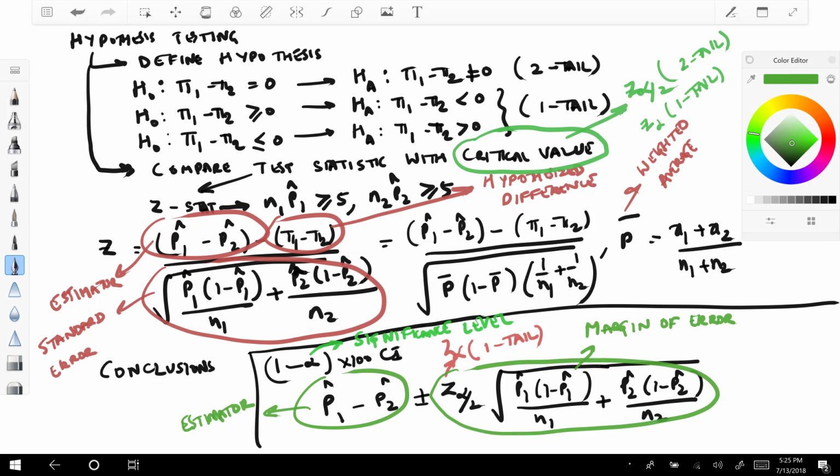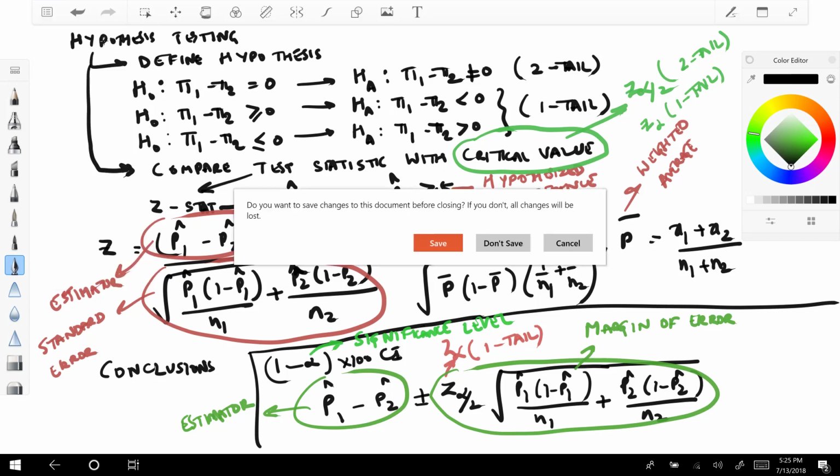So that's the main concept of hypothesis testing. So let's solve a problem on this.